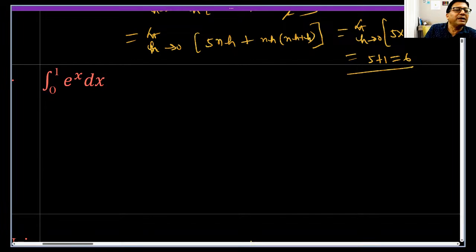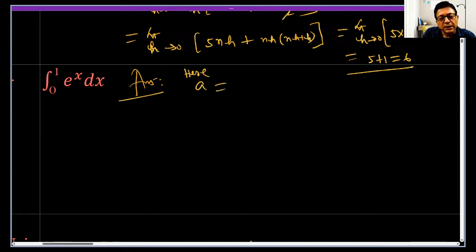You will start in the same manner when you are answering it. You write a equals 0, b equals 1, nh equals b minus a, this is 1. Two different types of sums I am solving, so that when you solve JEE sums you are sound conceptually.